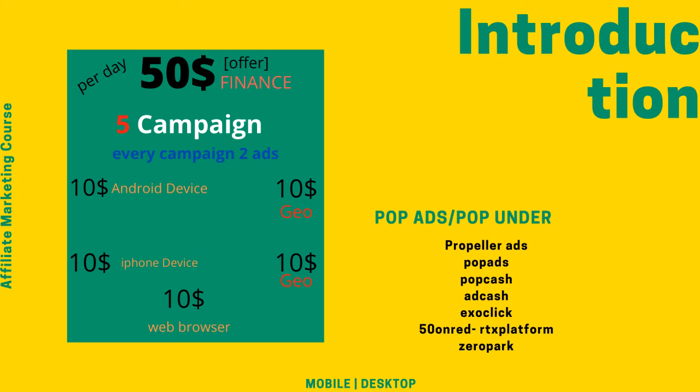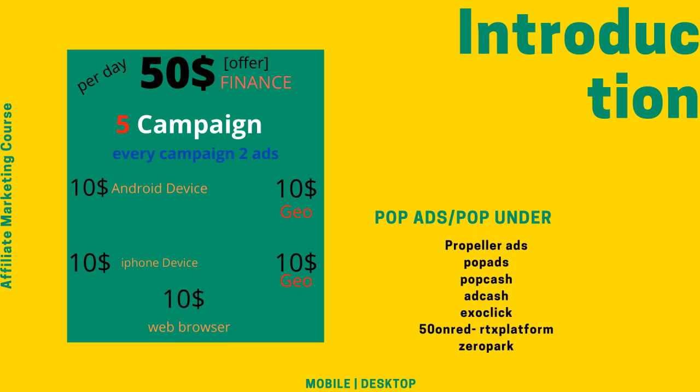I would assign a $10 budget to each and every campaign, and in every campaign, I would have at least 2 ads, ad number 1 and ad number 2. So this is how I test the campaign.